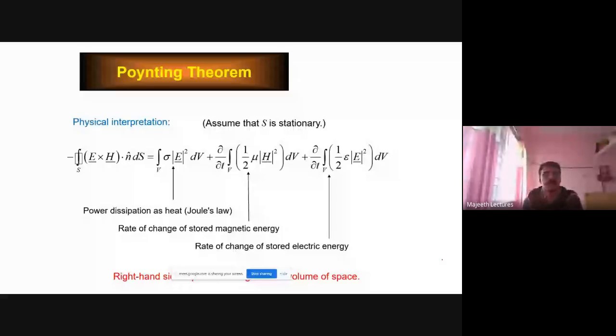This is a very important concept, right? Okay. So next, the Poynting theorem. Here you see, this is the Poynting theorem. No need to derive all the things, just understand what the Poynting theorem is.